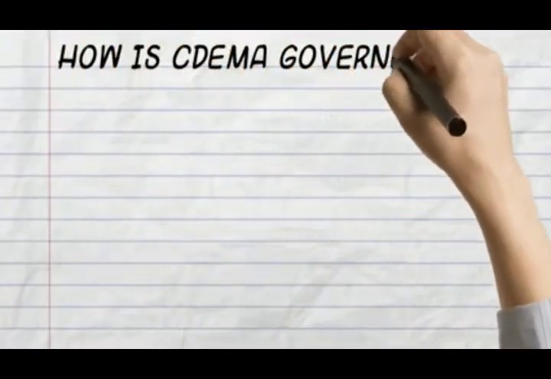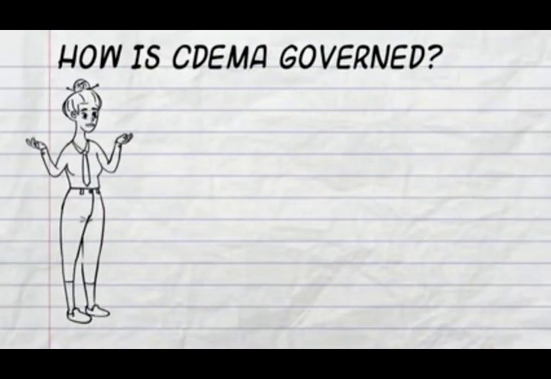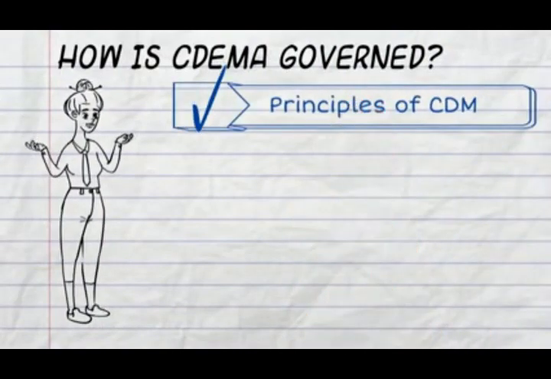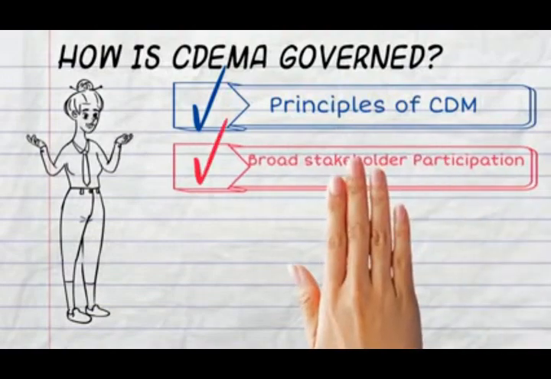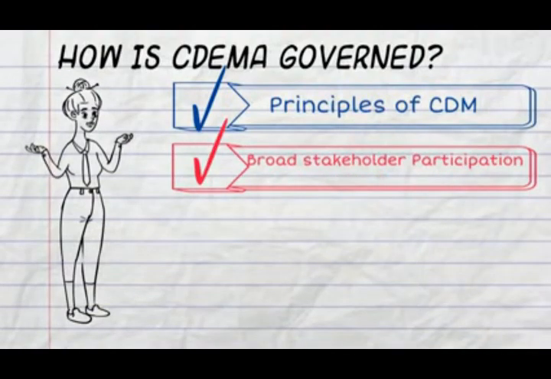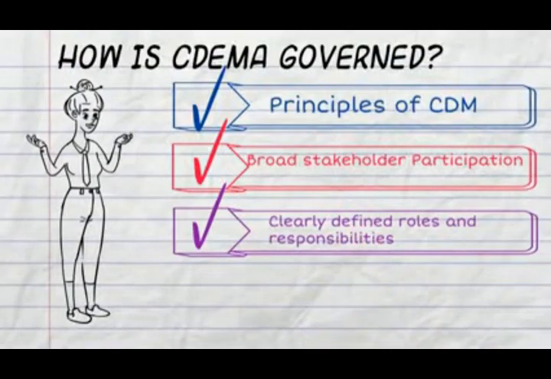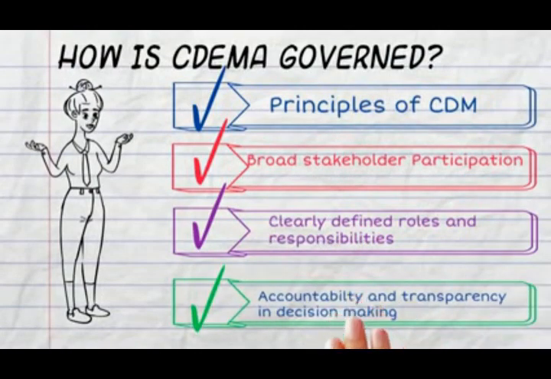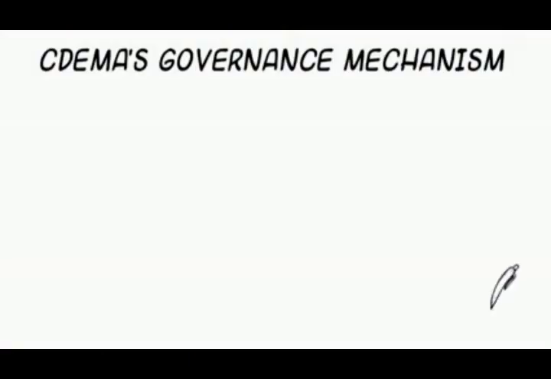CDEMA's governance mechanism supports the principles of comprehensive disaster management within the context of broad stakeholder participation, whilst ensuring that the roles and responsibilities of the various organs are clearly defined for enhanced accountability and transparency in the areas of decision-making.